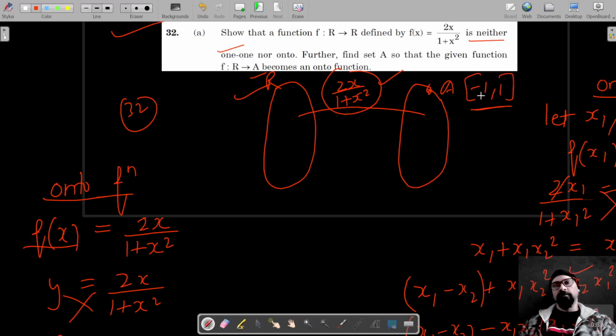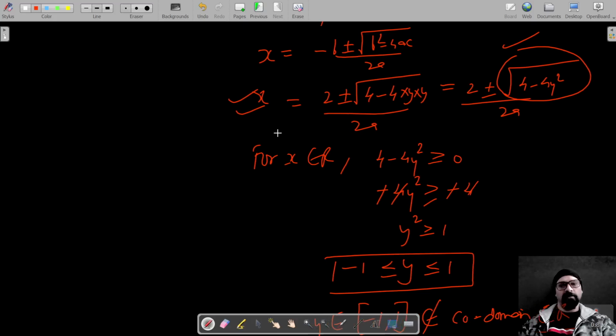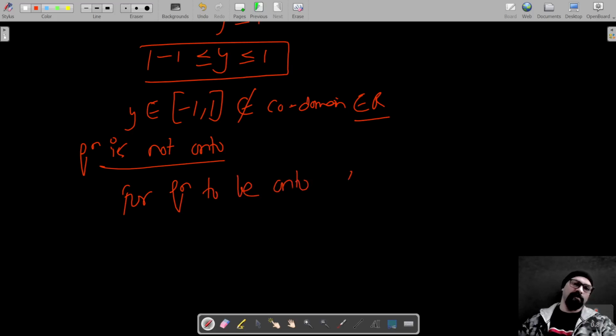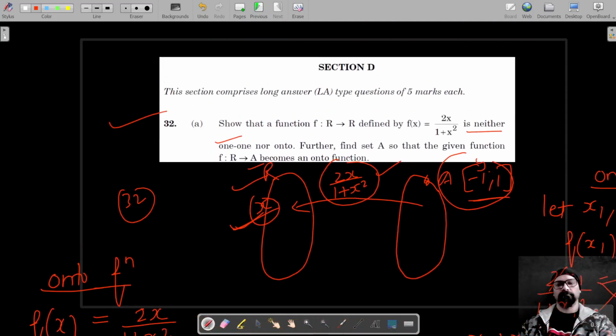For all values between minus 1 and 1, including negative 1 and 1, there is always a pre-image x. That is, for every value of y in this set, there is always an x, and this function becomes onto. So our answer for the last part is that for the given function to become onto, A should be equal to negative 1 to 1.